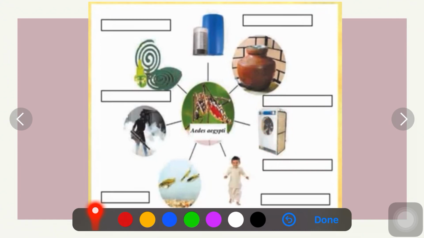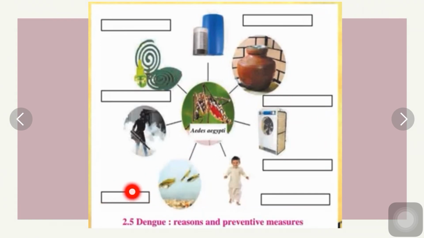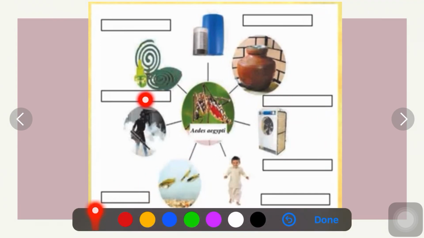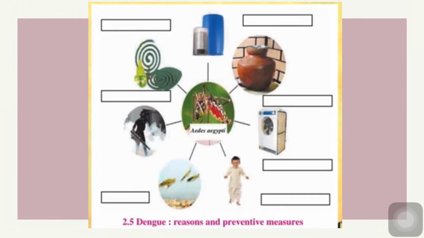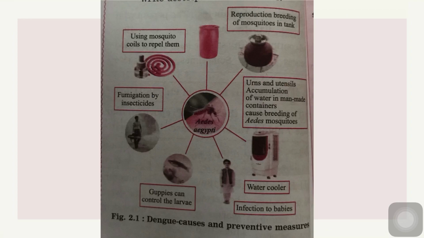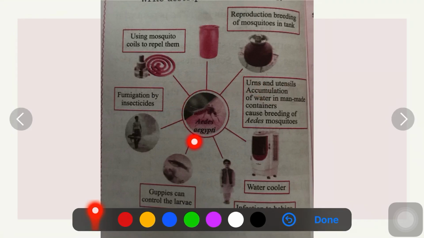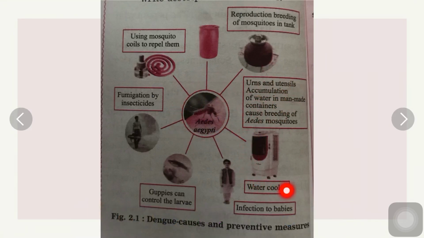Then guppies can control the larvae. Fumigation by insecticides. And the last, using mosquito coils to repel them. Students, these are the answers of activity 2.1. Please pause the video and note them down in your notebook.